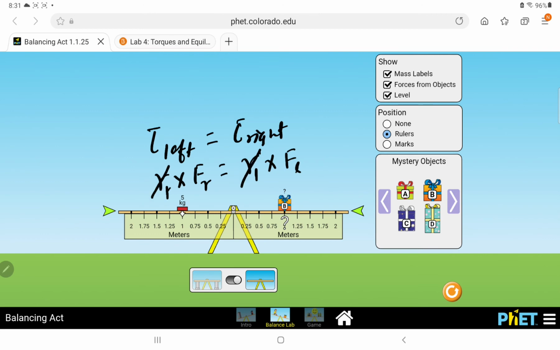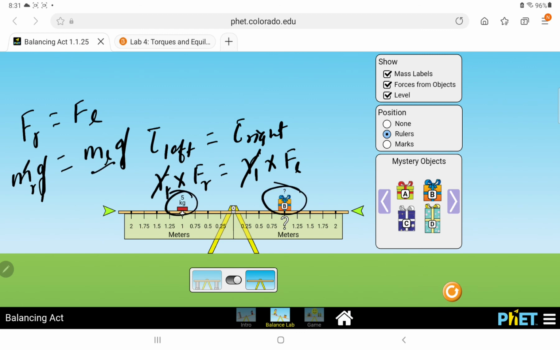So 1 meter and 1 meter cancelled. Force will be equal. So force right is equal to force left. So what is force? M into g is equal to M left into g. g will be cancelled. g is the same thing, right? So mass right should be mass left. So 5 kg is equal to 5 kg.